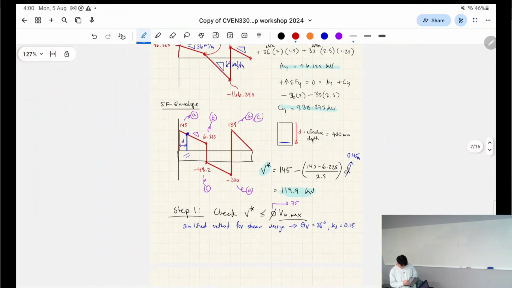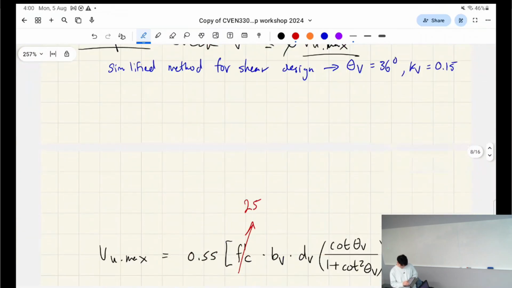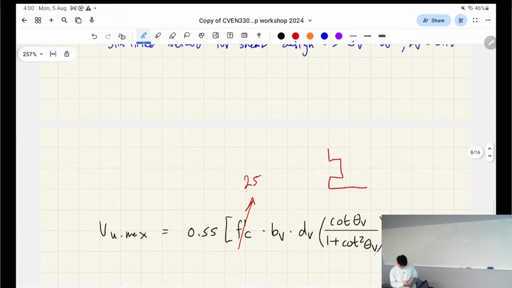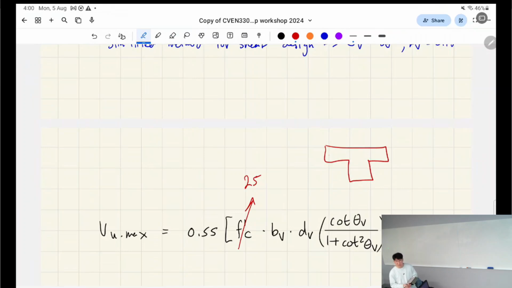So, okay, basically, when you have an I-beam or a T-beam, that's more likely in this course, right? Which part do you reckon is going to fail first in shear? In terms of, this is the web width, right? Sorry, this is the flange width. Let's call it BF, the width of the flange. This is called the web width, right? Which part do you reckon is going to fail in shear first, or more likely?